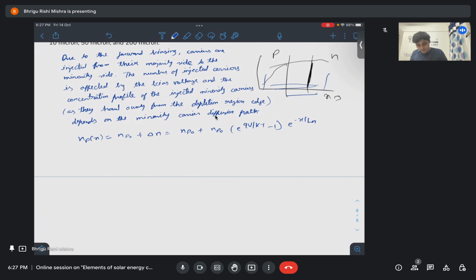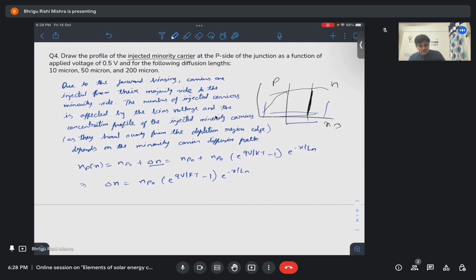So here we need to plot this change, this delta n, which equals np naught e to the power qV by kT minus 1, e to the power minus x by Ln.